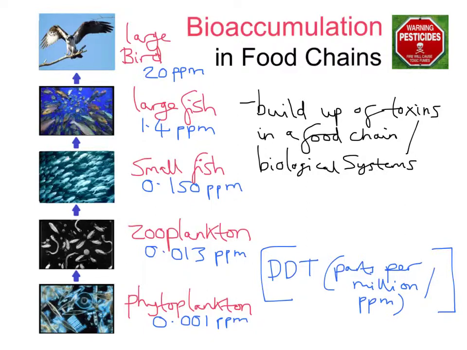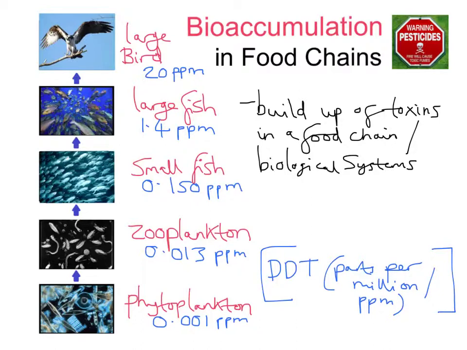So this level of DDT gets more and more concentrated up to the point where we get to the top of the food chain, this large bird, and then what we actually saw was a significant biological effect on them. The eggshells were thinner, they were being made infertile, and we're actually just killing them, and their numbers were declining.